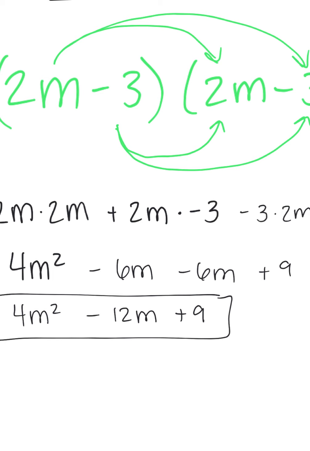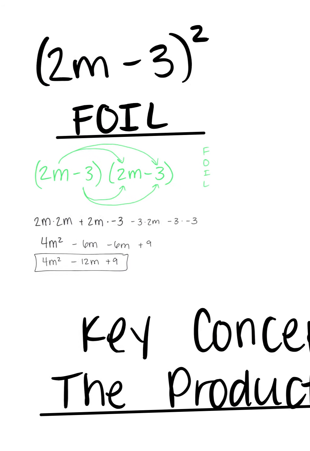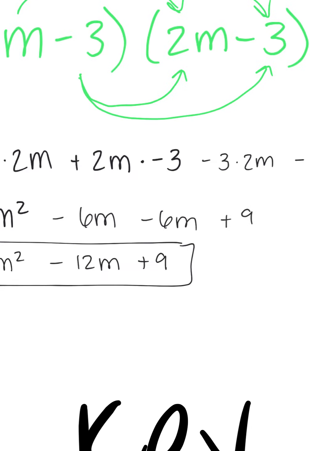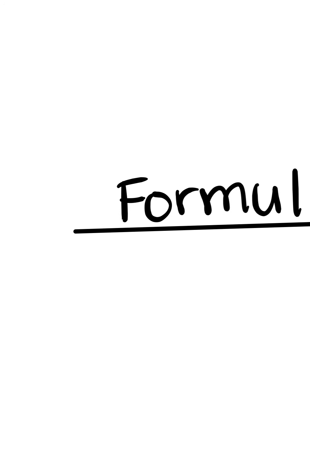Okay, now we're going to check it with our formula. Remember, our formula is (a − b) squared equals a squared minus 2ab plus b squared.